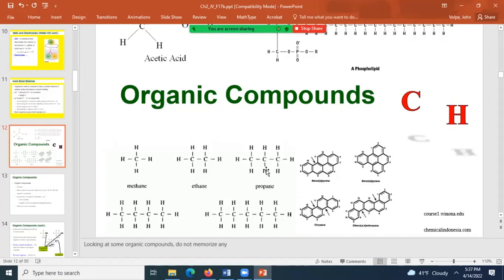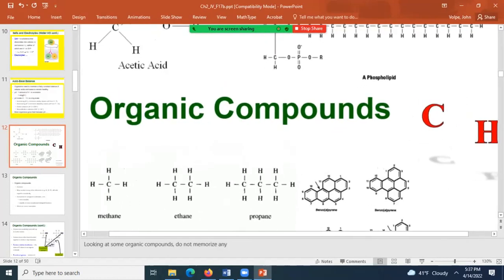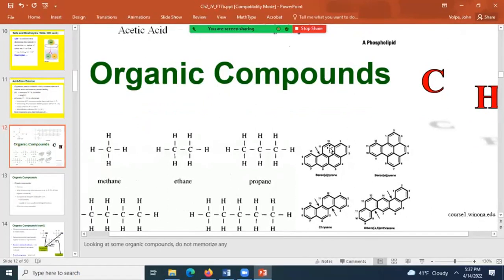You can draw out the organic compounds this way, or you can use the circular structures. And if you don't know, wherever there's a point, that means there's a carbon there. If ever there's a molecule that's not a carbon, you have to write it in. These are hydrocarbons, so all of these are carbon.